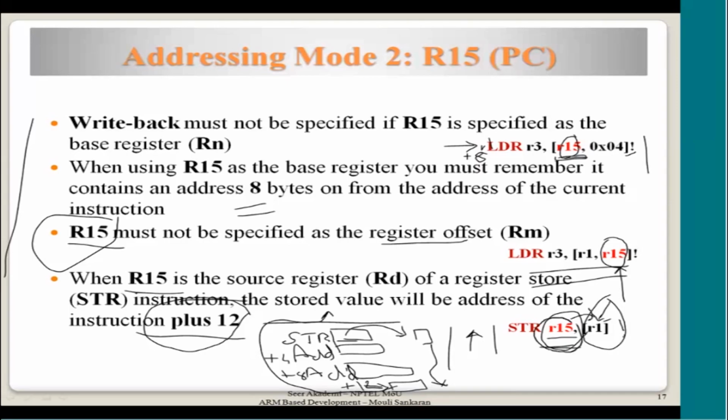You generate the address for the memory and start prefetching the next instruction, and during that time you are trying to save this value. Because you are already generating the address, R15 would have been incremented already by 4, so you will get 12 instead of 4 in this case.